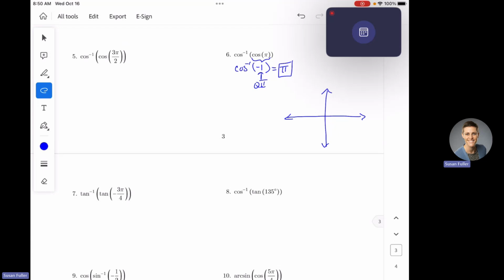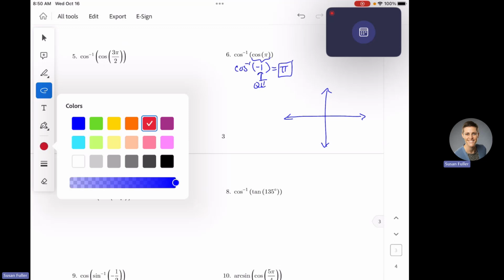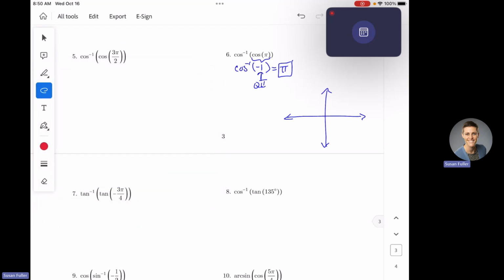And so what that means is that our inverse trig functions can't see the entire unit circle. Inverse sine and inverse tangent can only see from negative pi over 2 down here to positive pi over 2 up here. They can see quadrants 1 and 4. And again, that's arcsine and arctangent.